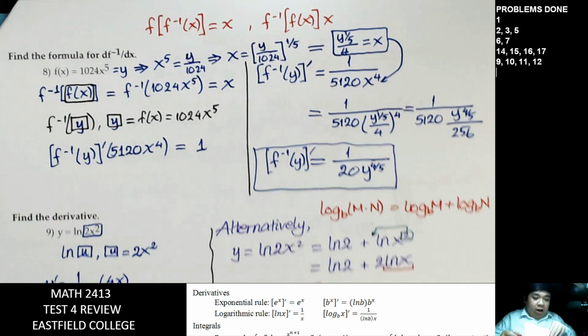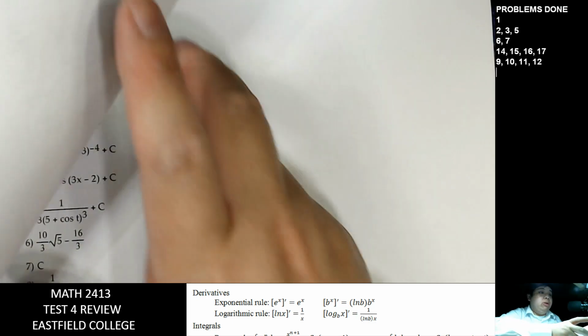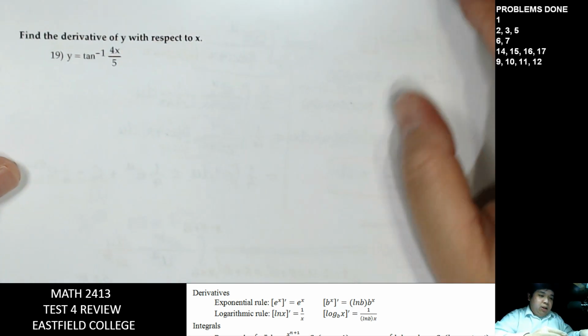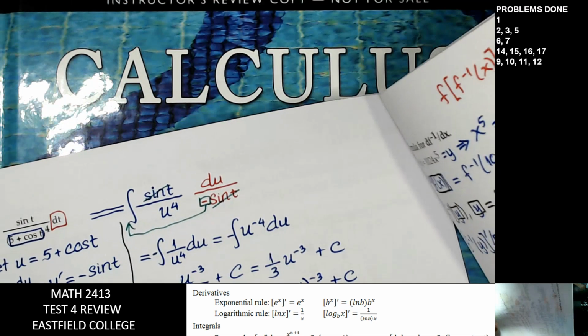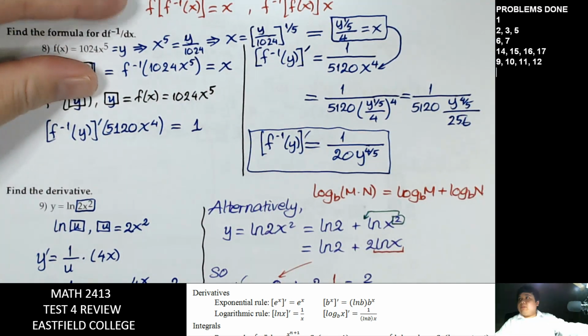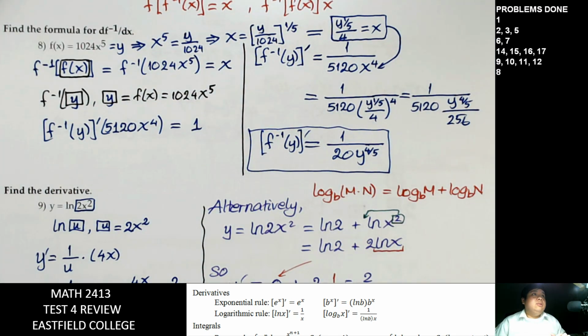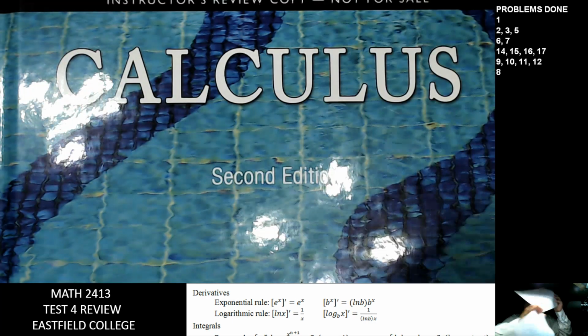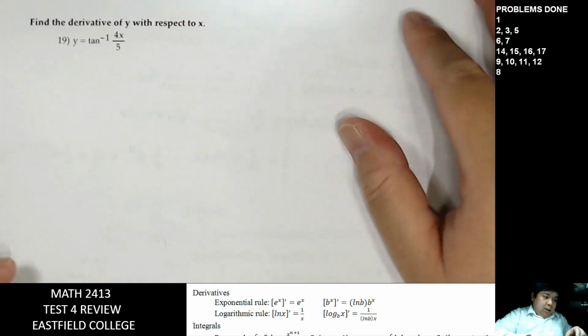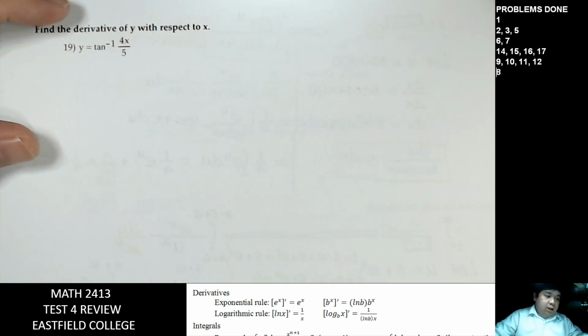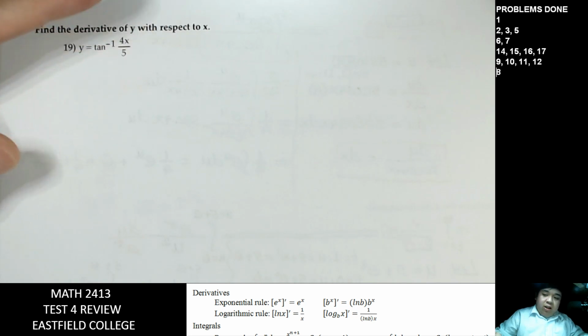The last two questions of the review are very important. We're going to use an approach similar to that. So first, we have tangent inverse, like that.